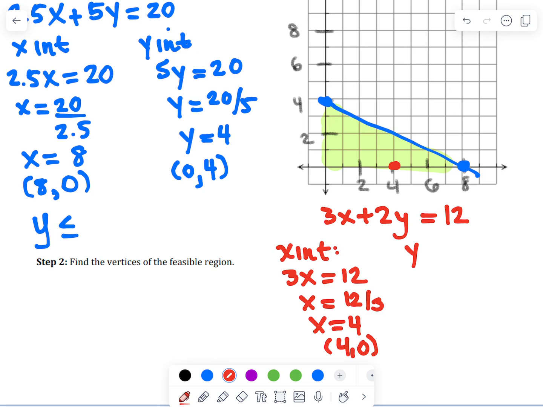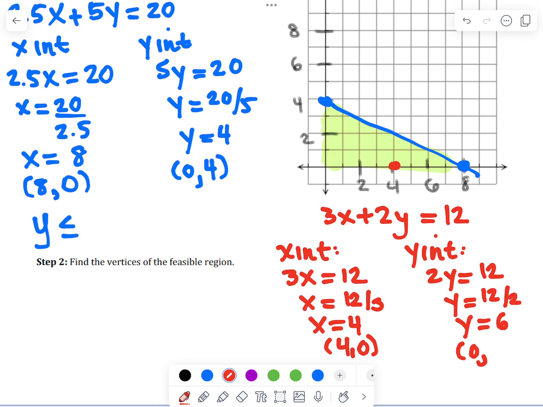To find the y-intercept, we let x equal 0. Divide both sides by 2. Simplify and we get 6. So the ordered pair will be 0, 6.